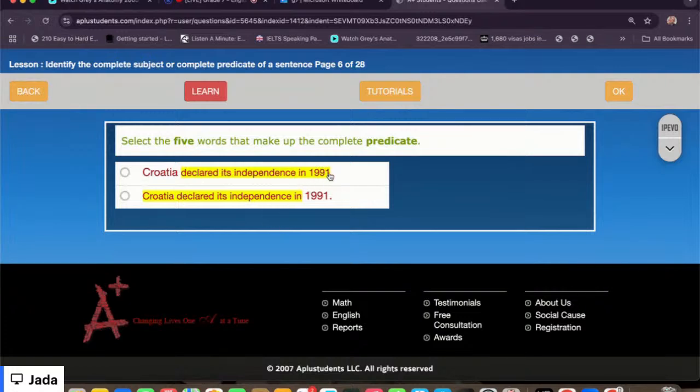So we have select the five words that make up the complete predicate. Croatia declared independence in 1991.